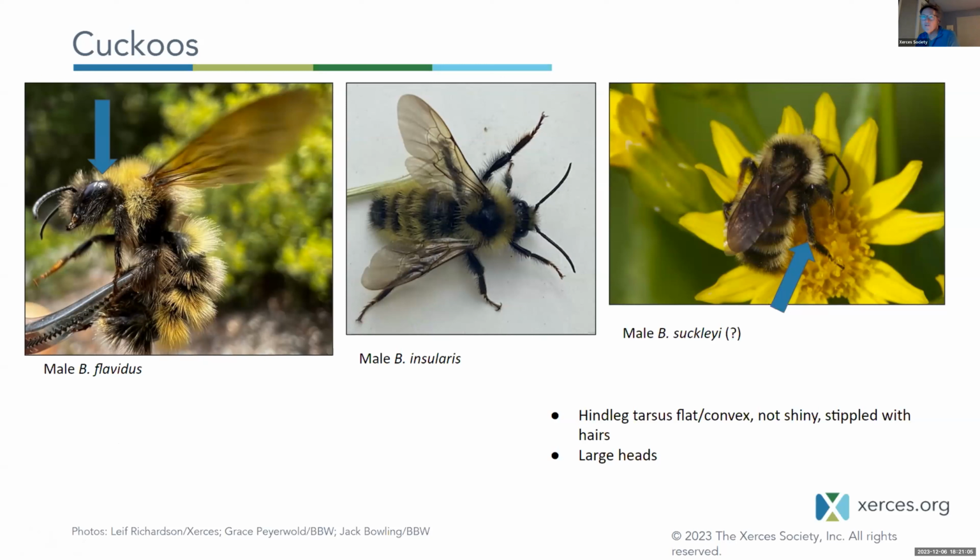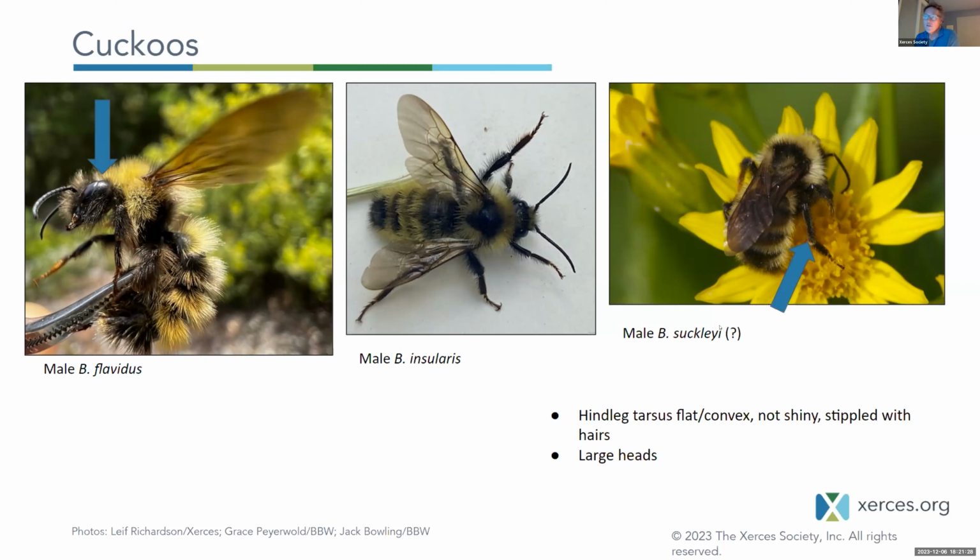Behind the compound eye, you can see a shiny area that is integument. It's the backside of the head. And that area is just a bit thicker than you see on bumblebees that are not cuckoo bumblebees. This is a subgenus of cuckoo bumblebees. And then the other one is the tarsus of the hind leg, where female bumblebees that are not cuckoo bumblebees carry pollen, right?